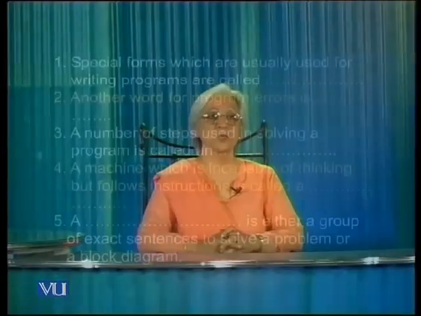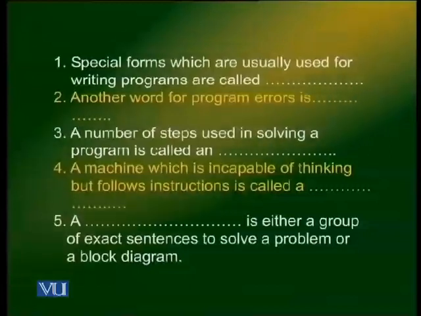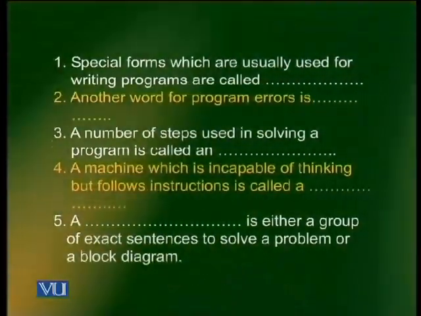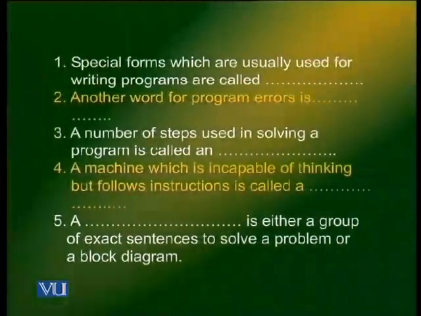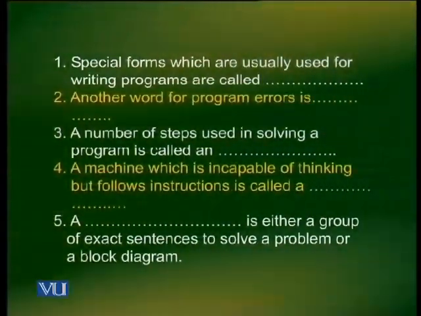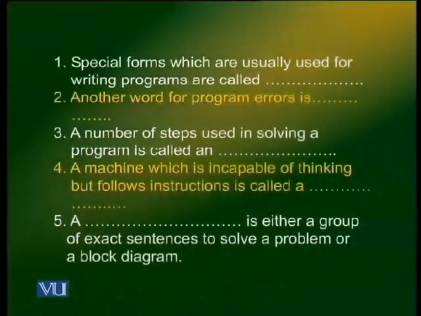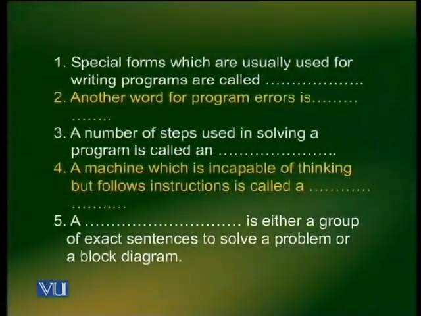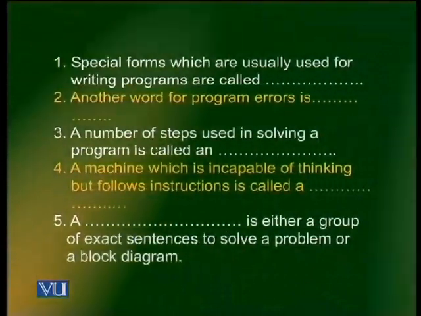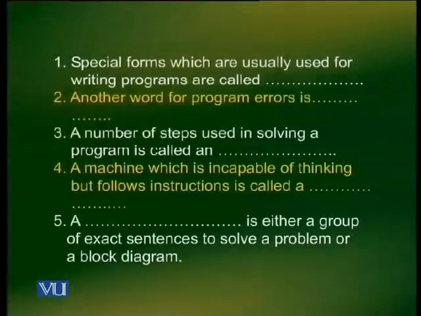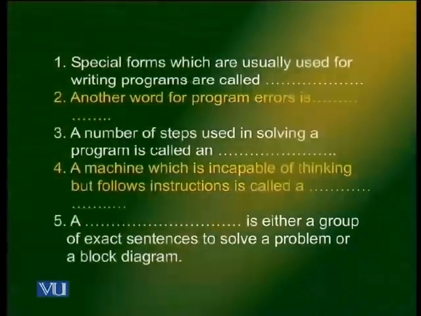Number 1. Special forms which are usually used for writing programs are called coding sheets. Another word for program errors is bugs. Number 3, a number of steps used in solving a program is called an algorithm.